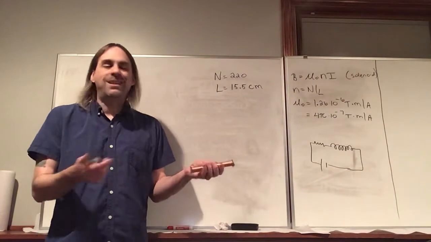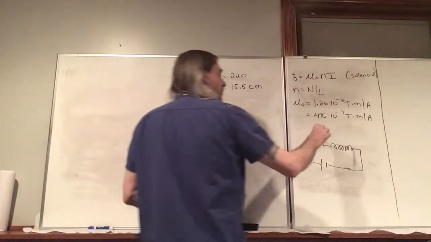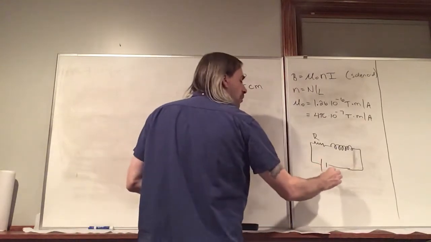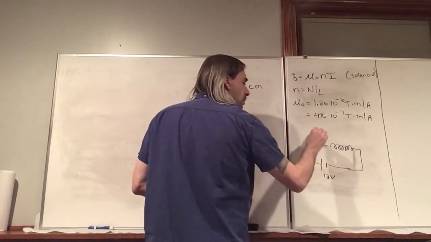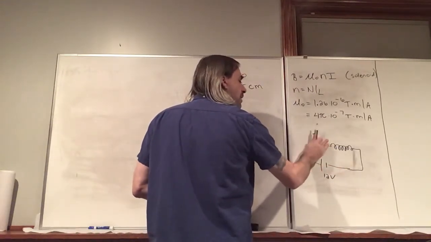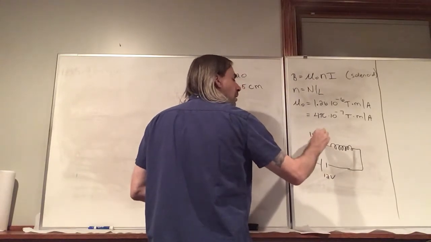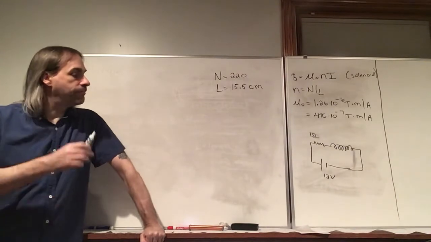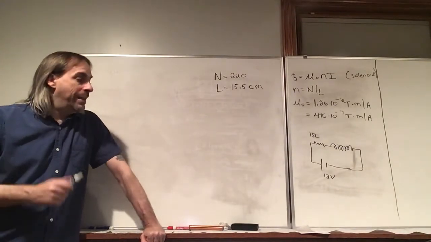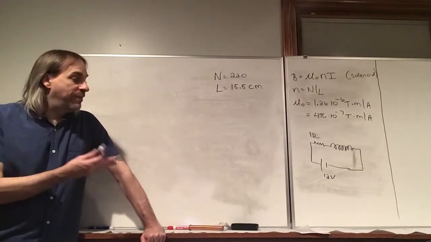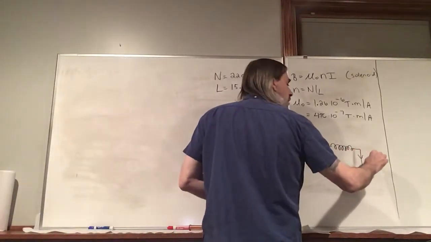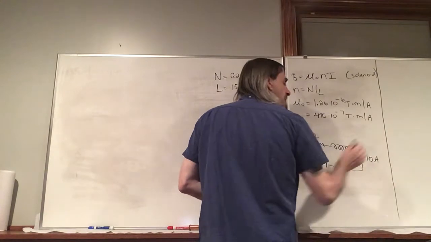So let's just say, to make life simple, we have a 12-volt battery, and let's say the resistance of the wire is 1 ohm. And in that case, the current is just V over R. So the current going through our solenoid would be 10 amps.